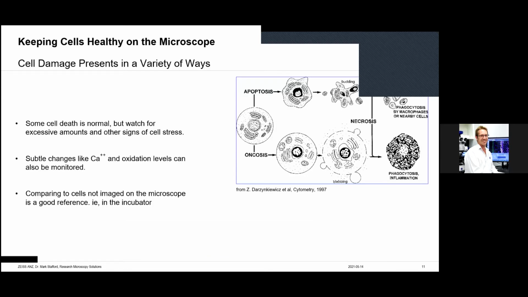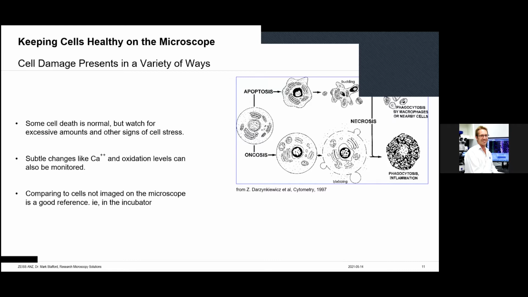If we look at keeping cells healthy, some cell death is normal, but we've really got to watch for excessive signs of cell death or cell stress when we're doing our live cell imaging experiments. And comparing to cells that are not imaged, so cells that are sitting in an incubator, is a good reference in this case.